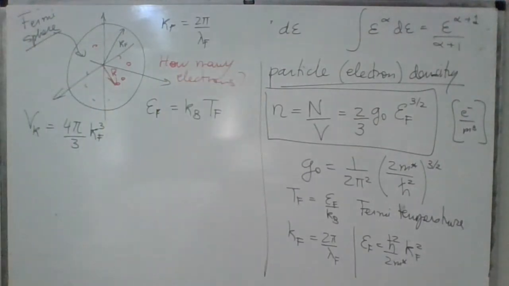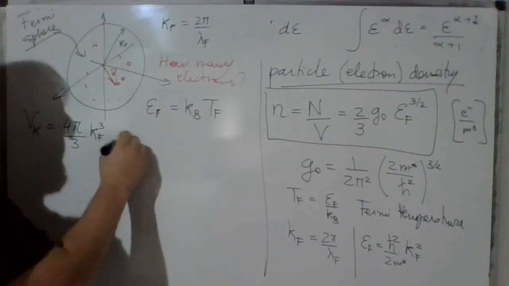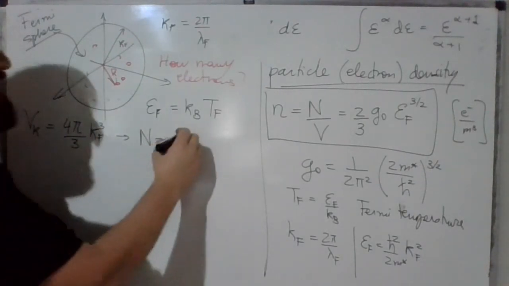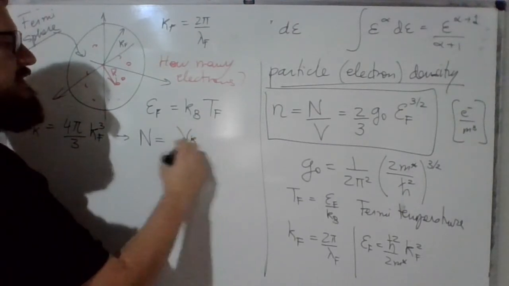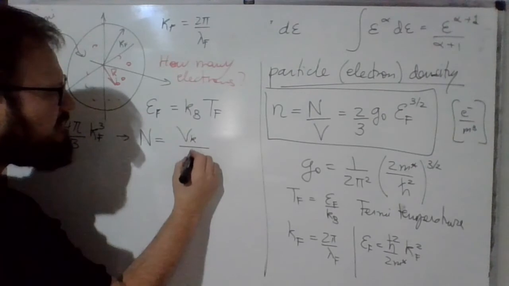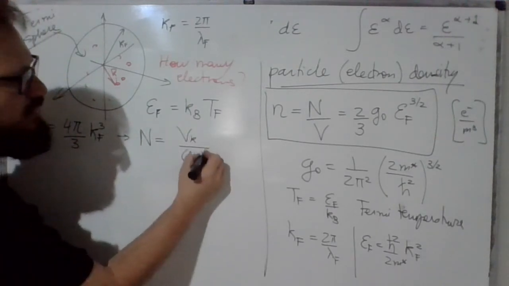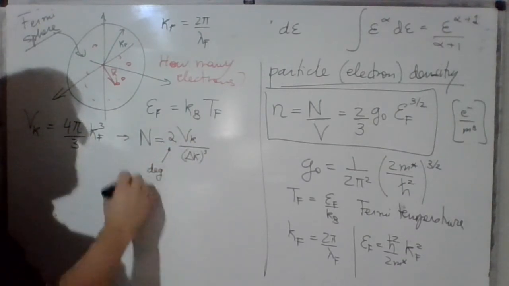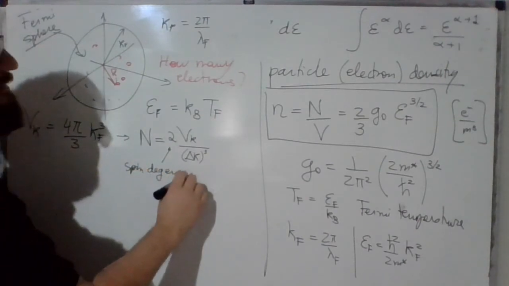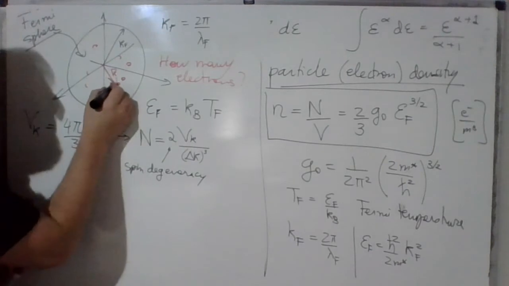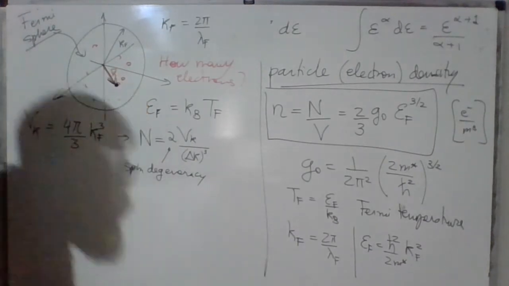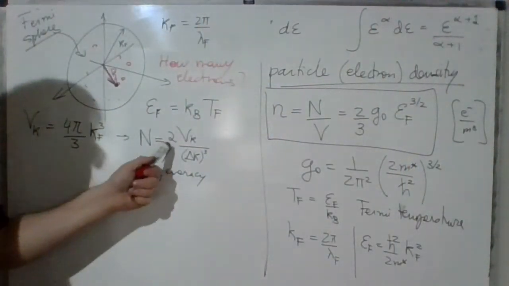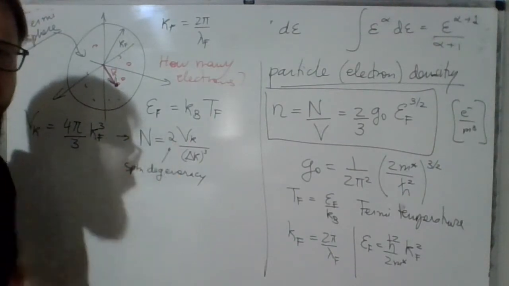Well, an easy calculation: the total number of electrons inside the Fermi sphere corresponds to the volume of the Fermi sphere divided by the infinitesimal volume of one given K, which is delta K cubed, with a factor of 2 because of the spin degeneracy. At each given K, I can put 2 electrons with distinct spins, one up and one down. This is the origin of this spin degeneracy factor here.